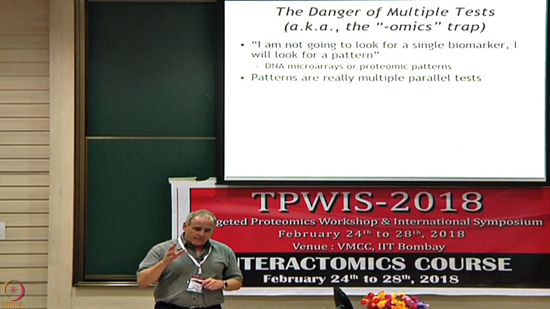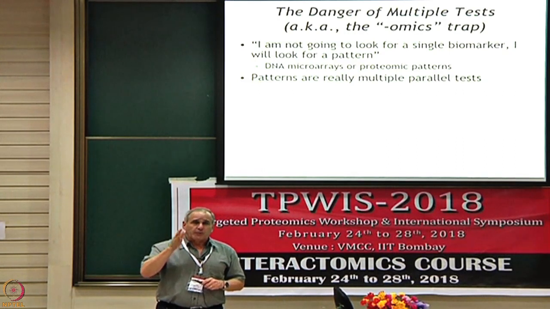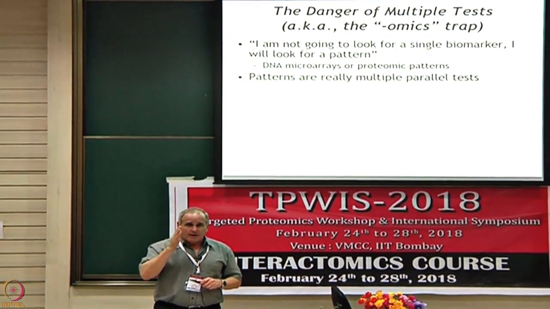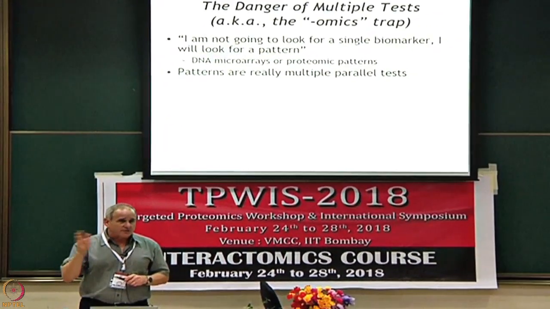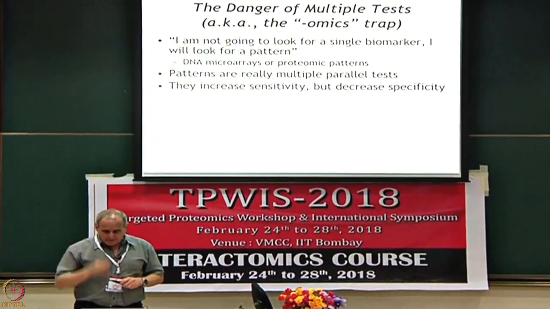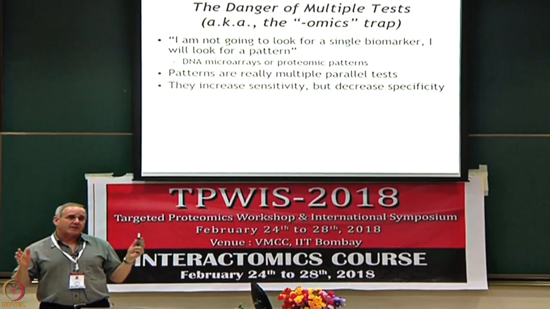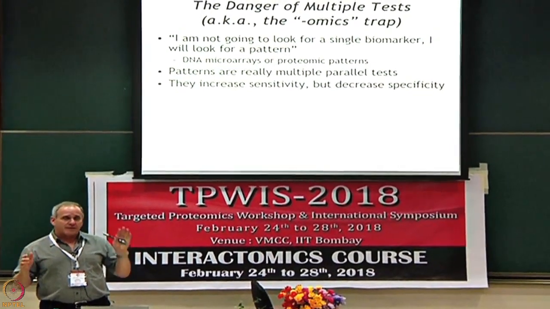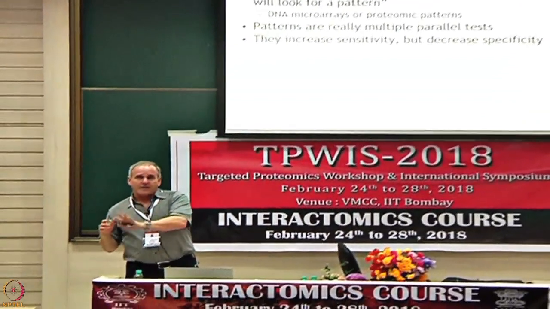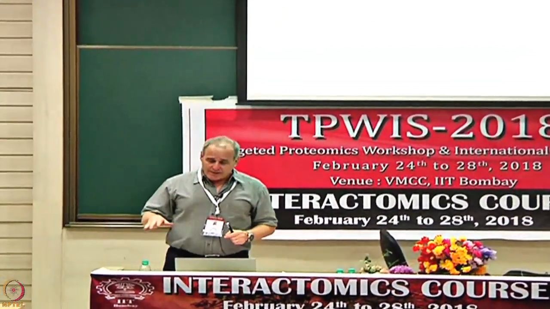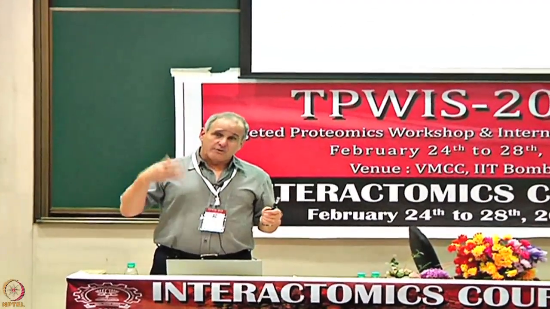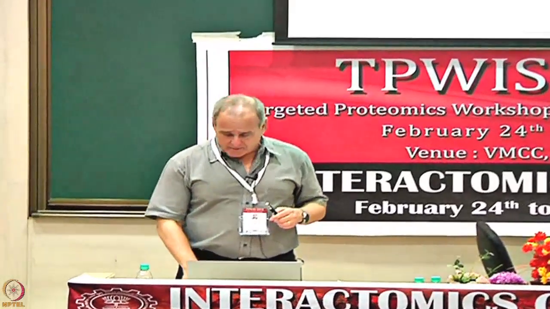But you have to remember that a pattern is really multiple parallel tests. They're doing a bunch of different molecular statistical studies. And by doing multiple tests, they increase your sensitivity because each test has a chance of being positive, but they reduce your specificity because you now have a higher rate of false positives, right?